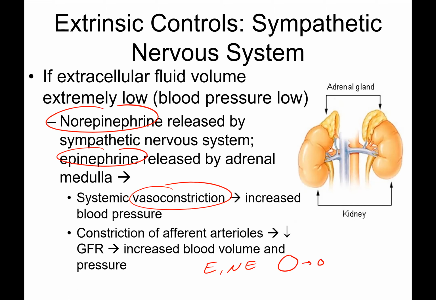So vasoconstriction, and this can increase your blood pressure. Constriction of the afferent arterioles decreases the GFR, which increases blood volume and blood pressure.